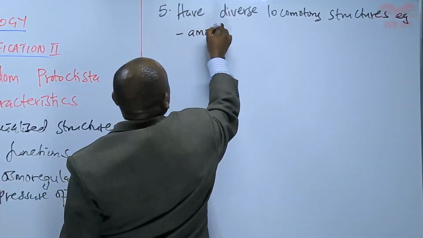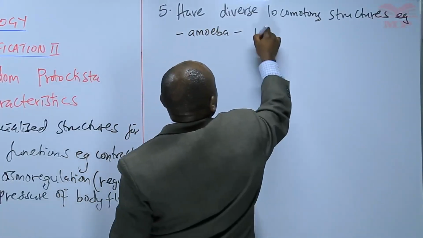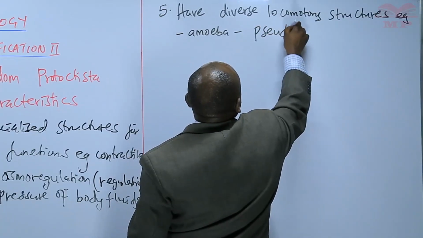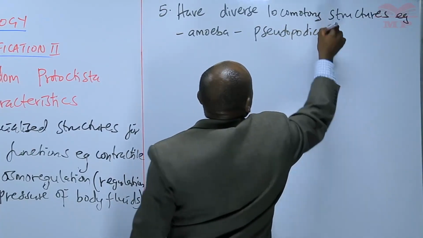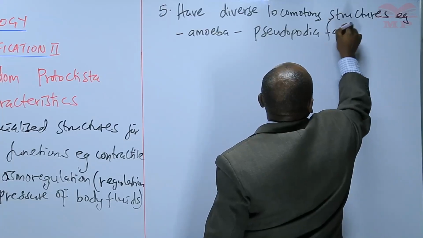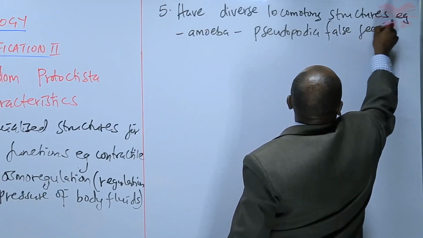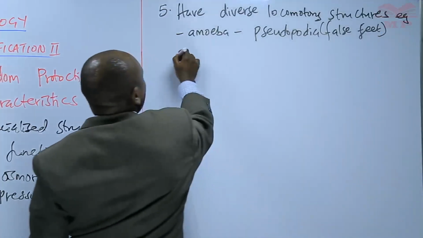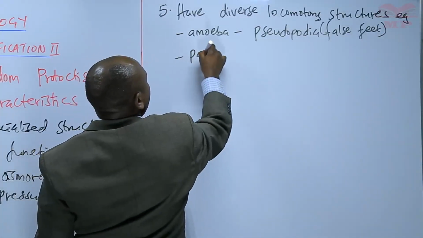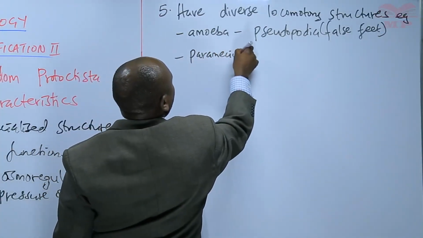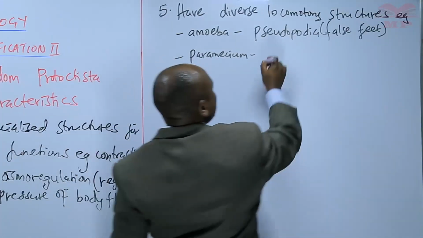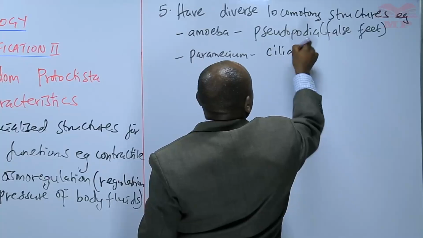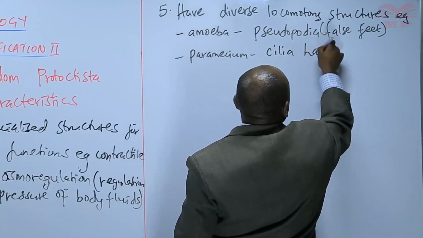We can take examples. The amoeba has the pseudopodia. Pseudopodia is what we call the false feet. Paramecium has the cilia.